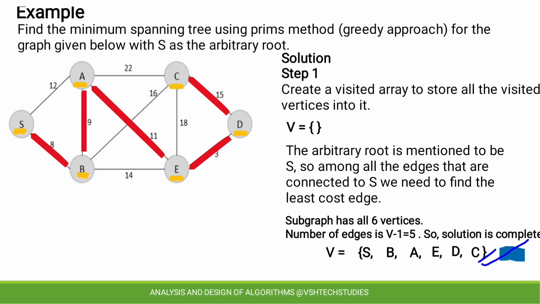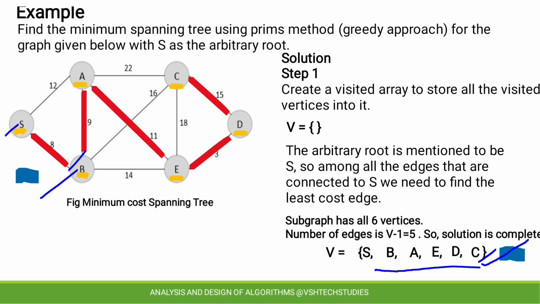The minimum cost spanning tree is expressed in terms of a list of vertices. This is the minimum cost spanning tree, which is a subgraph of the original graph and has the same number of vertices as the original graph. According to Prim's algorithm, the edges chosen connect all the vertices while still maintaining the minimum cost.